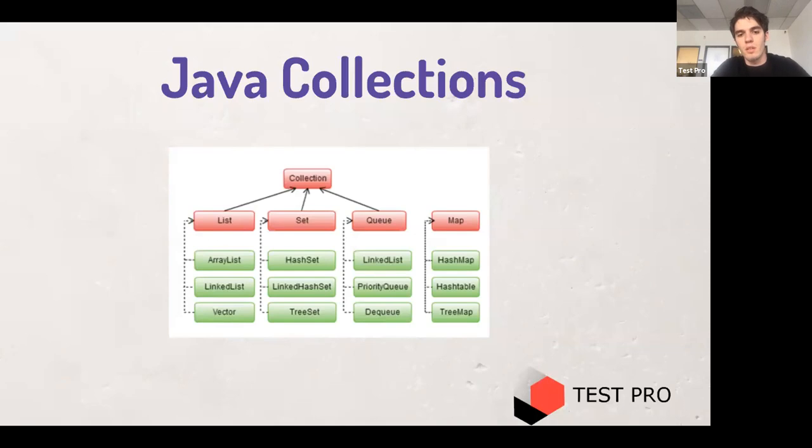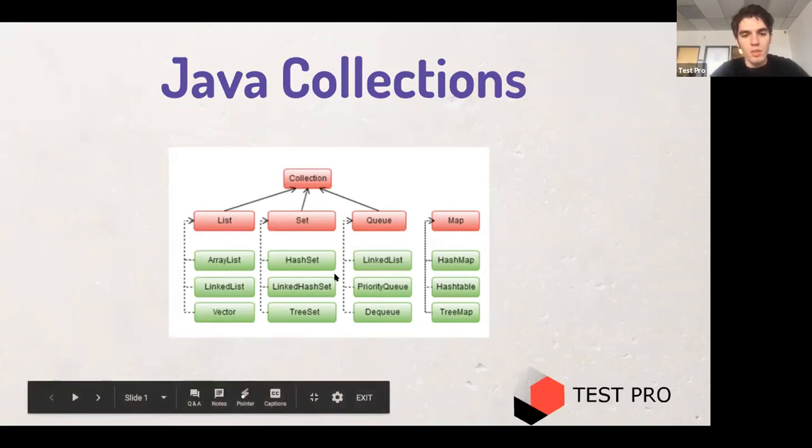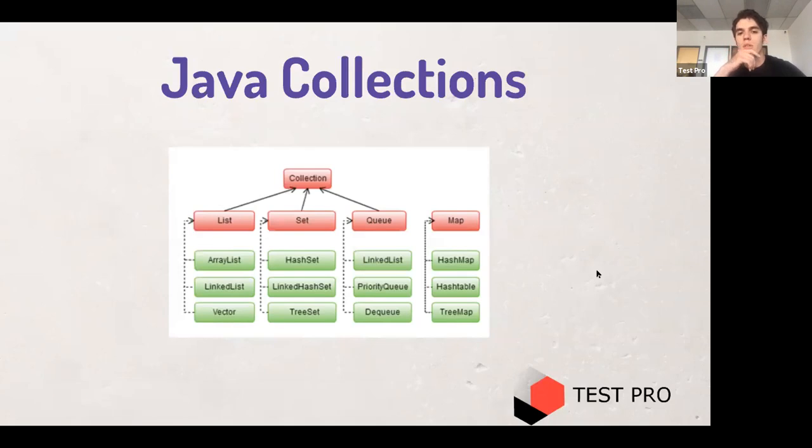I'm going to explain a little later what that means and what types of collections exist in Java. We will also use Selenium in our project to interact with multiple elements, and I will show you how you can do that.